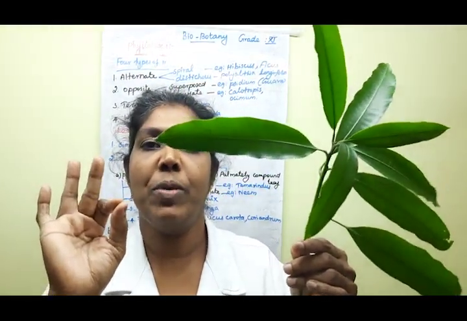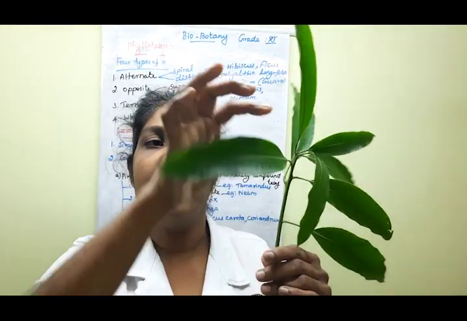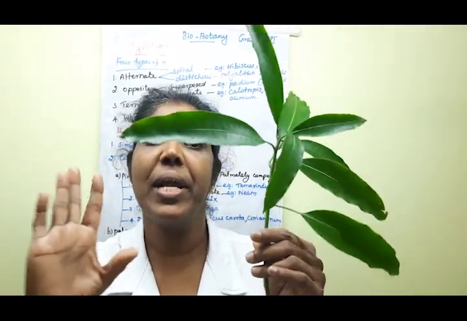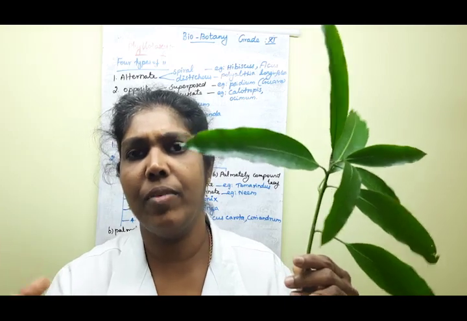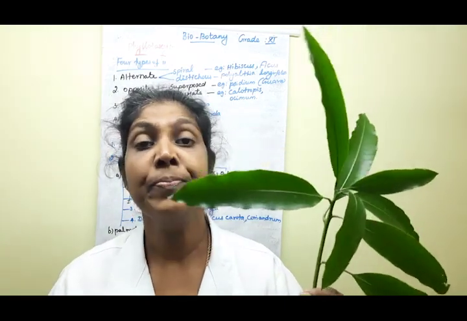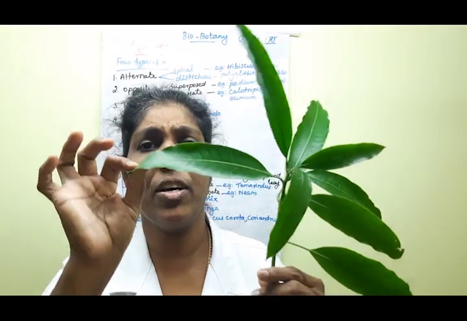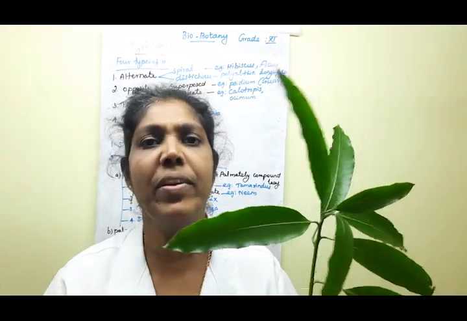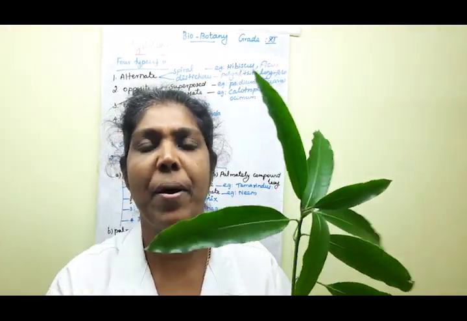Clear? Yes, very good. When the leaf surface has only one leaf lamina or leaf blade, it is known as a simple leaf. There are many example species, children: mango, hibiscus, ficus, jackfruit, everything comes under the simple leaf type.